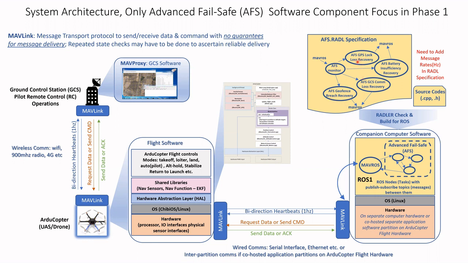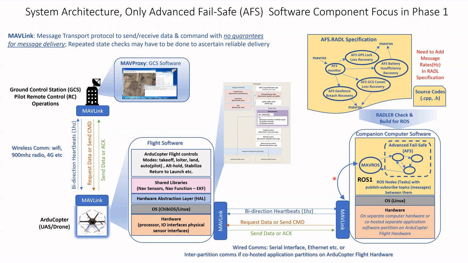Similarly, we're going to look at GPS loss being monitored and triggering a GPS loss recovery. We are also constantly going to be monitoring whether the amount of energy required to complete the mission is sufficient. And if it's insufficient, we are going to trigger a battery insufficiency recovery action. And also the ground control system loss. If there is a loss of the communication channel between the ArduCopter and the ground control system, then we would be triggering the GCS comm recovery action.